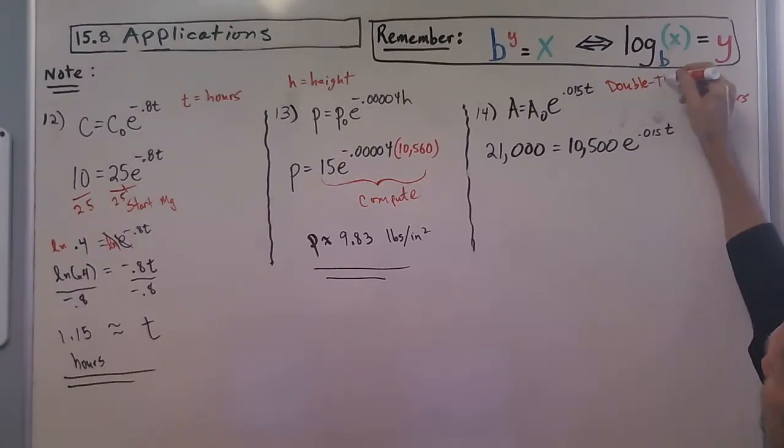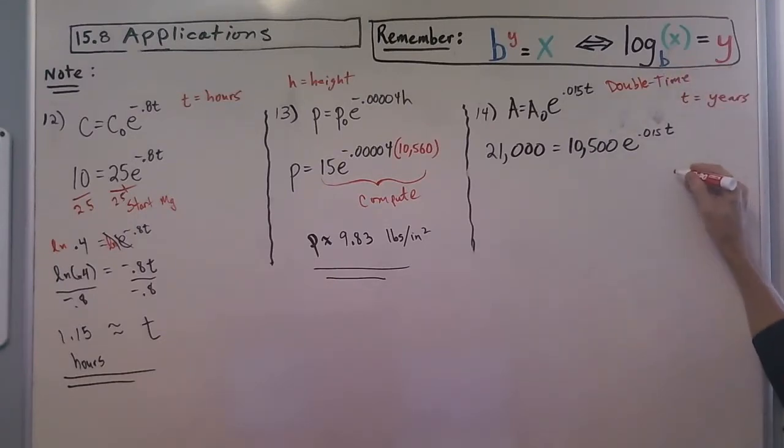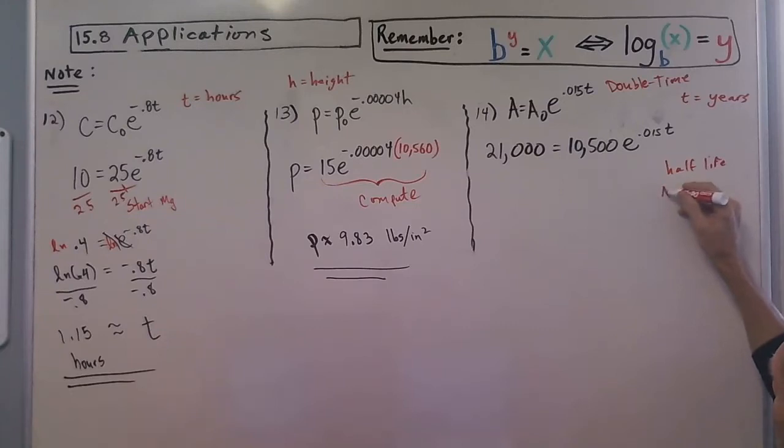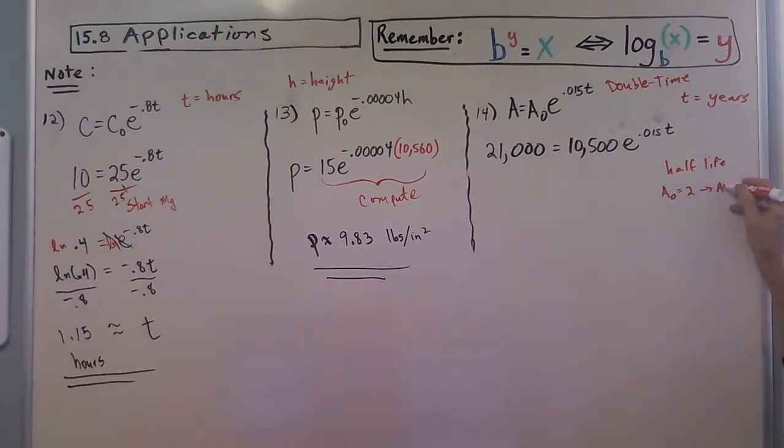And remember, for half-life we wanted our start value to go down in size. But for double time, if they don't give you the doubling time, we want our start value to double in size.